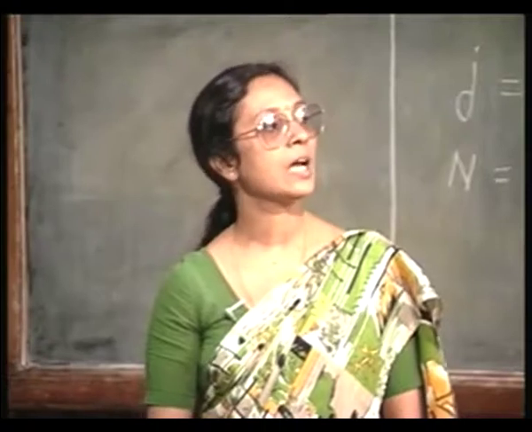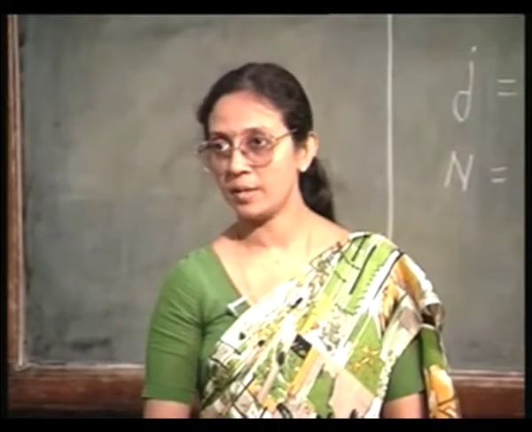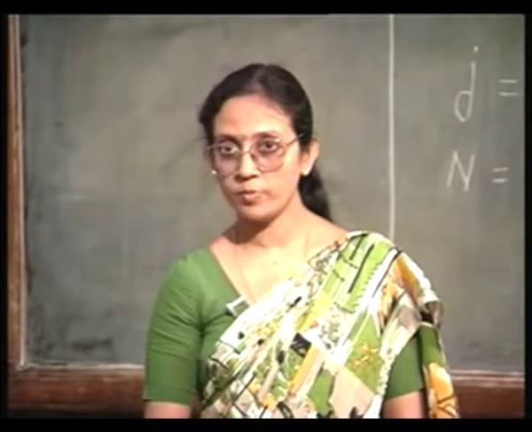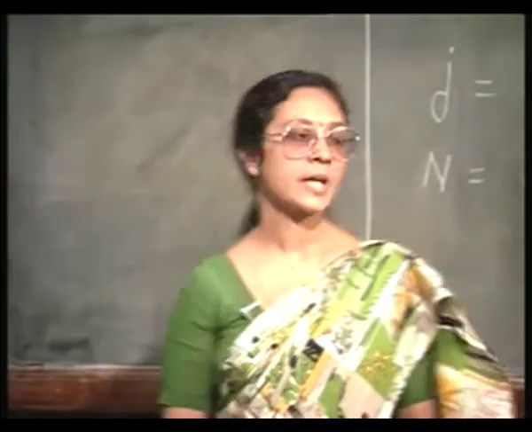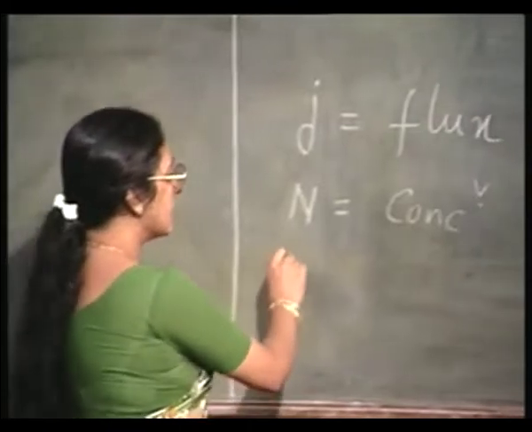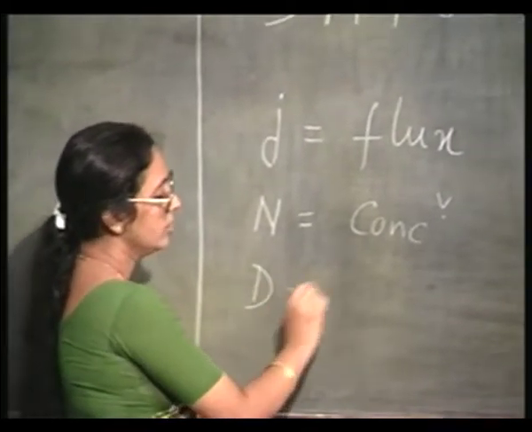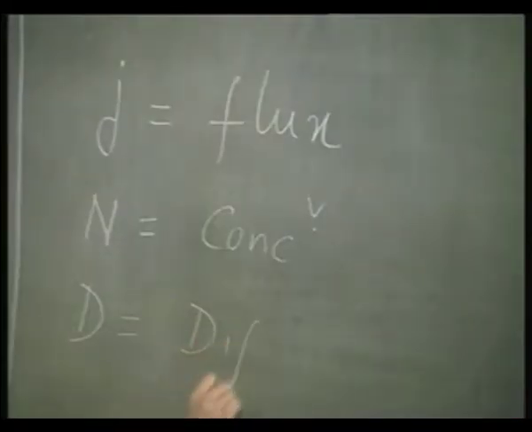That is why I have a negative sign, a minus sign, because the movement is from the high concentration side to the low concentration side, and D is the diffusion coefficient.